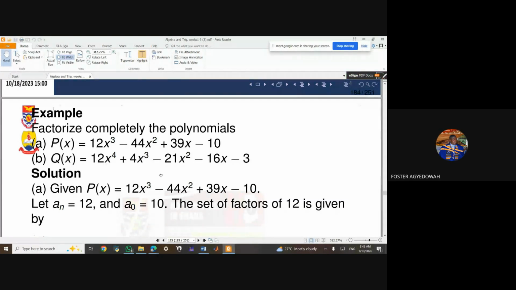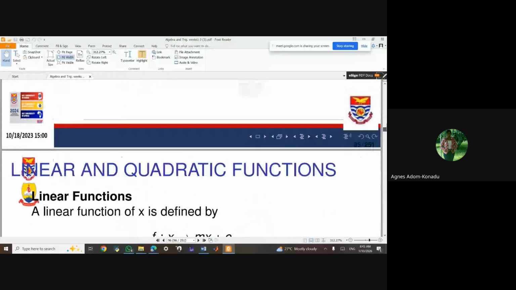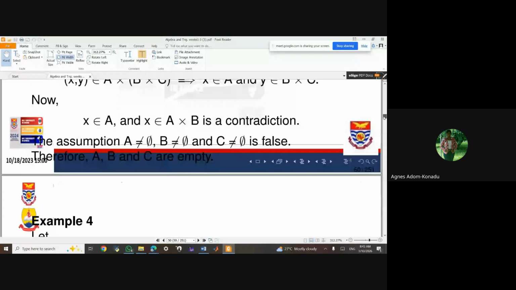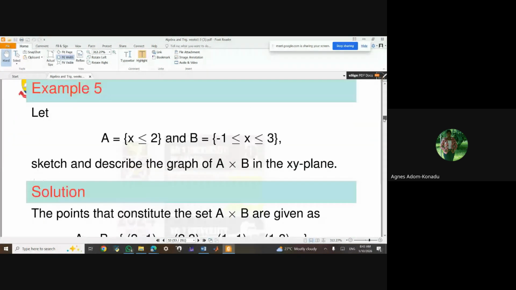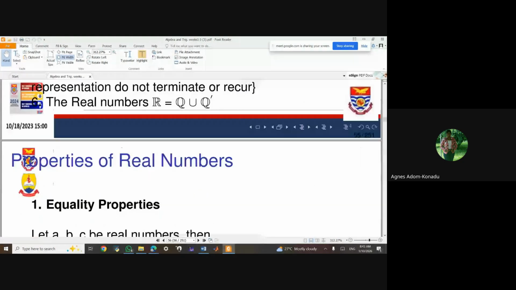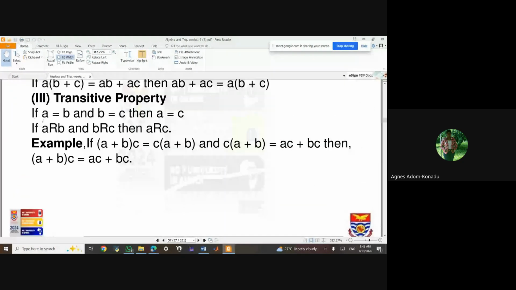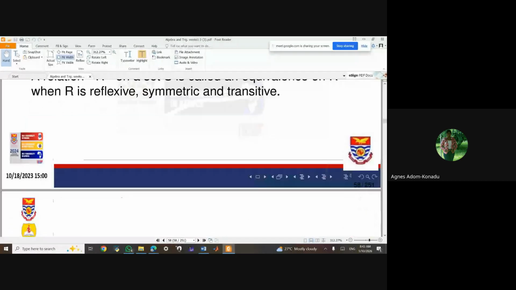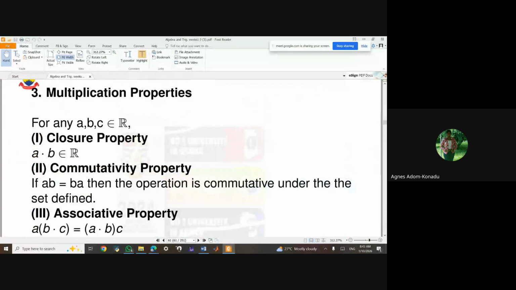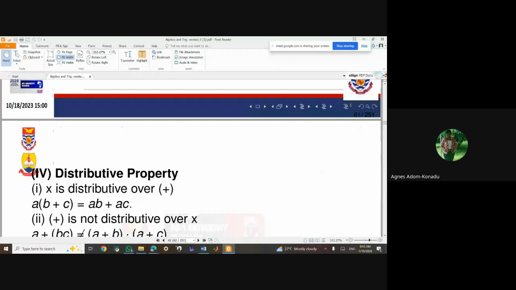Foster, what you're trying to tell me is you don't read the notes. That's what you want to tell me. Because when we were treating real numbers and the properties of real numbers, the real number system, I think I mentioned that. So you are trying to tell me that you don't read the notes, and I don't think I have to go back, because I taught you the greatest common divisor.